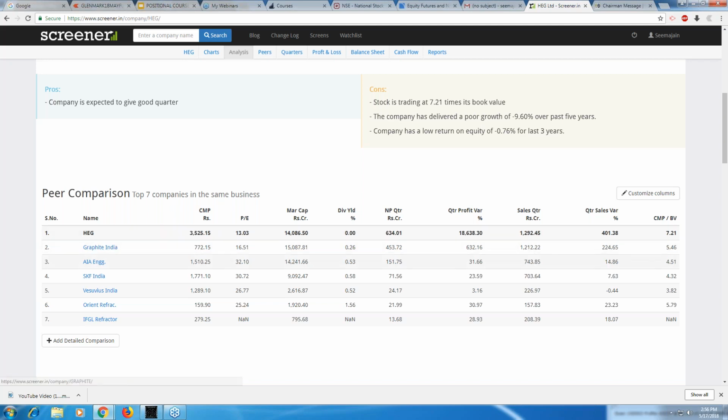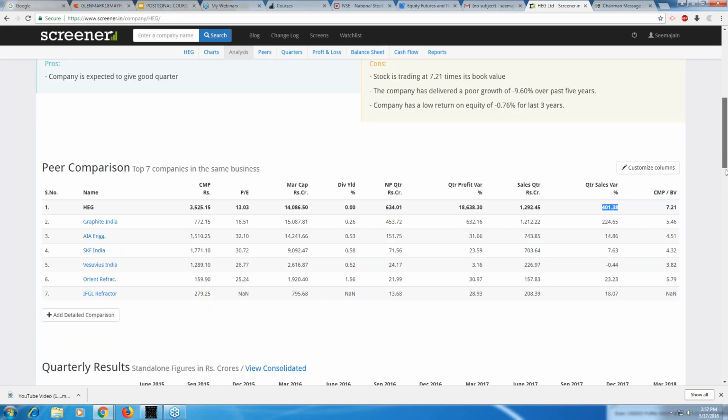Graphite India, HEG, AIA, all of them are peer companies, and it has the least PE among its peers. And for quarter profit, look at the variance in the quarterly profits. Sales of the quarter are almost as good as Graphite India's, and the quarter sales variation is 401.